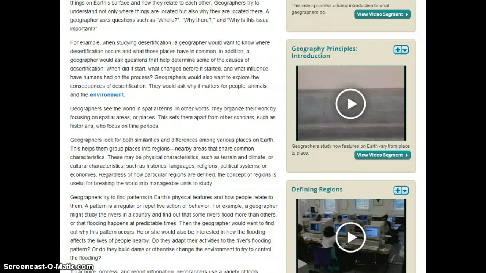We're going to take a look at the principles for the Geography Principles Introduction. The world in which we all live is very complex and diverse. It is made up of surface features that vary from oceans to mountains, from sand dunes to canyons.